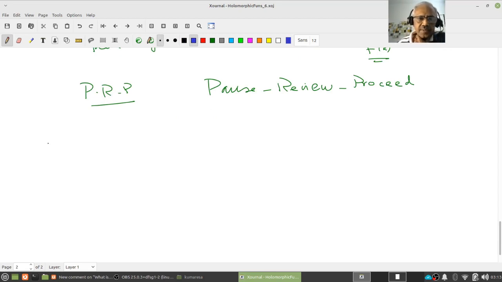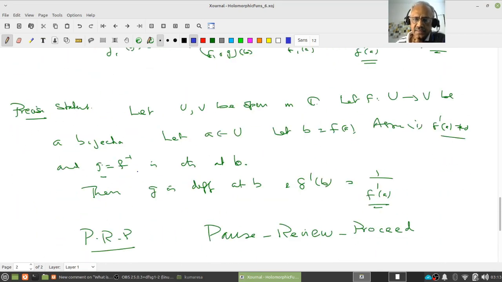So now we want to give a beautiful application. Yeah, before we go further, let us see, this is some kind of inverse function theorem. If you have gone through the inverse function theorem of several variable calculus, that is from Rn to Rn, okay, there you will say the determinant of the derivative at a point is non-zero, then it maps an open set around a onto an open set, and the inverse function is differentiable.